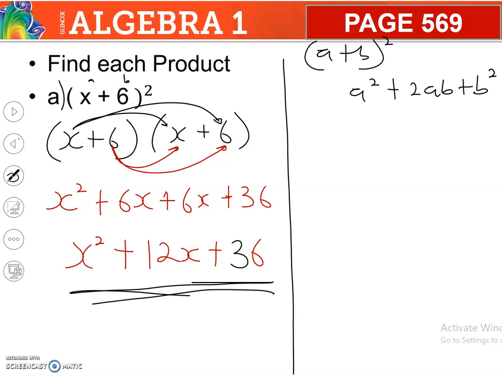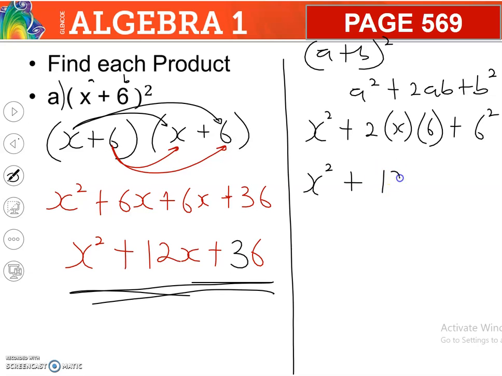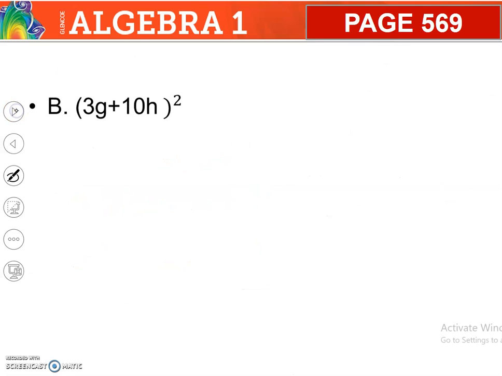Our answer is going to be x squared plus 2 times a, where a is x and b is 6, plus b squared, and now b is 6, so we have 6 squared. So this can be written as x squared plus, when you multiply 2 times x, 2x times 6 will give 12x, and 6 squared is going to give us 36. And this can also be used in solving. Let us look at more examples from our next page.